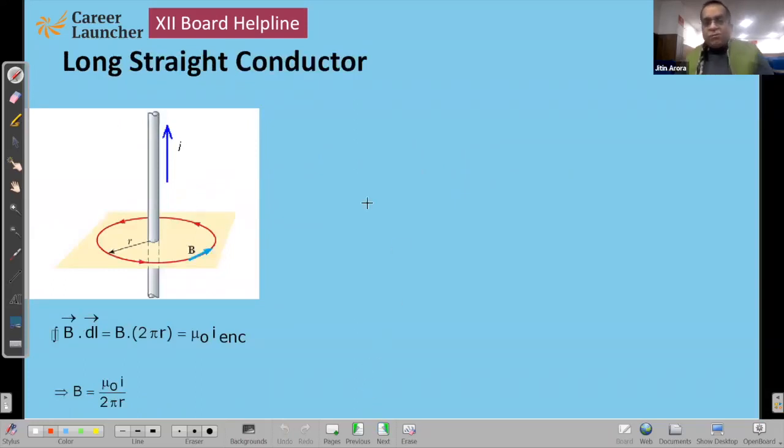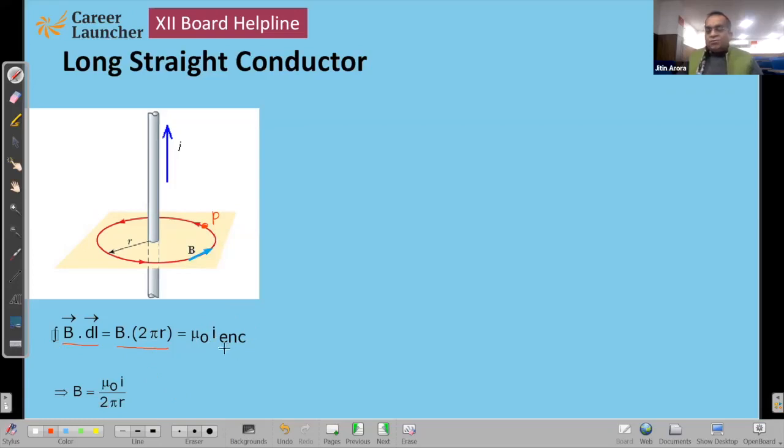So now if I move on to a long straight conductor and I use Ampere's law. So let's say I choose a loop of radius small r. मेरे को अगर बोला जाता है कुछ भी एक point लिया जाता है point P which is at a distance small r from the wire, तो मैं small r radius का एक circular loop बनाऊंगा. इस पूरे सर्कुलर लूप में मैं B dot dl का closed integral करूंगा जो आएगा B into 2 pi r, because B यहाँ पर along the loop ही है at every place, it is tangent to the loop, is equal to mu naught into I enclosed.